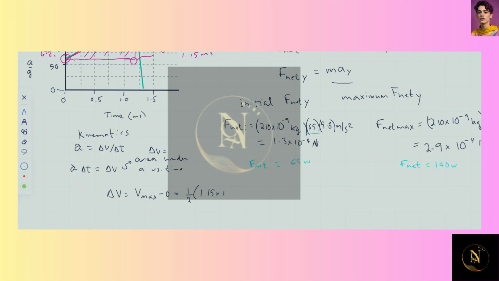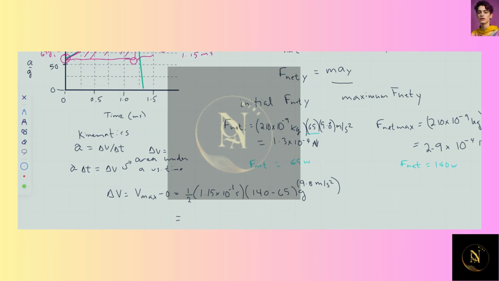We'll call that 1.15 milliseconds, times the height, which is an acceleration quantity, basically the 140 minus 65 Gs, which will be in meters per second squared. And working that out will give us the final speed in meters per second. We'll have units of meters per second squared canceling with seconds.